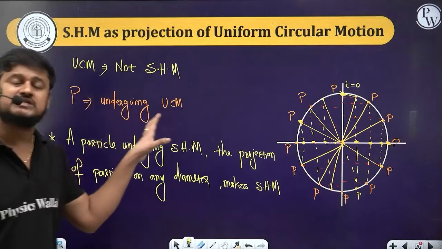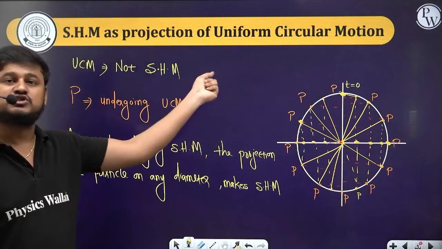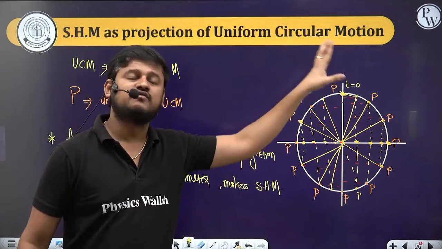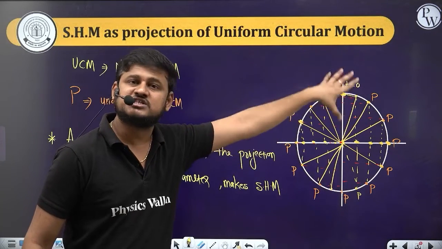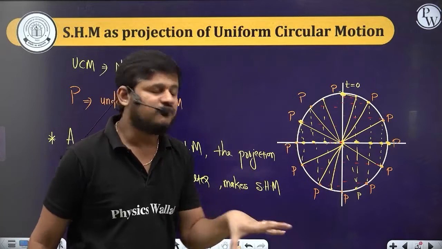Uniform circular motion is not an S.H.M, but the projection of uniform circular motion is. A particle undergoing uniform circular motion, its projections on any diameter will perform the S.H.M.